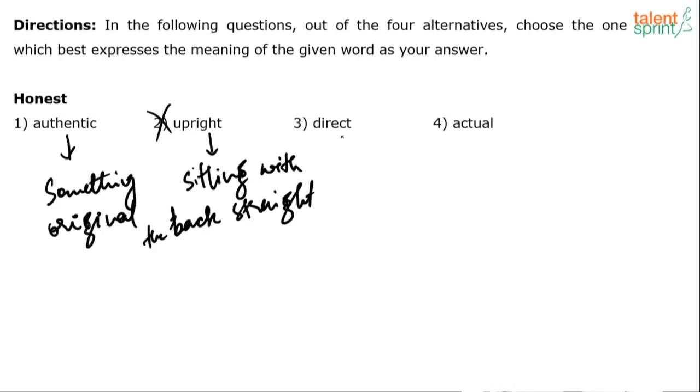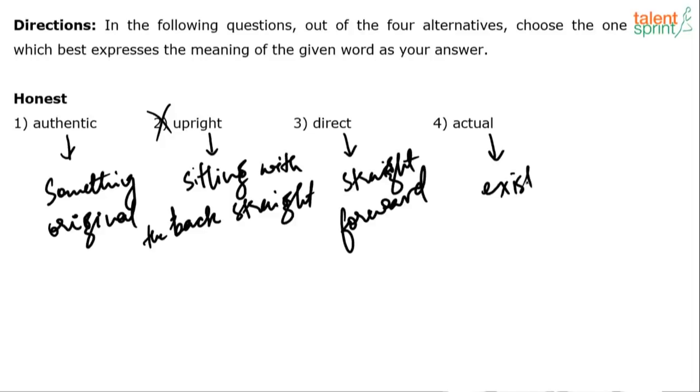And direct. What is the meaning of direct? It means straightforward. So an honest man not necessarily has to be straightforward. Okay? Does he? No, he does not. And actual means existing in fact. Okay, honest is something that is truth.